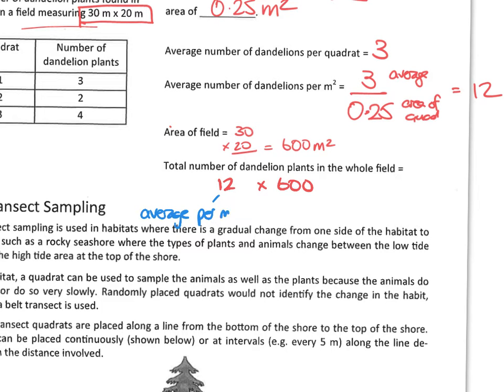Average per metre squared times by the total area. So 12 times 600 should work out at 7,200. So, average per square metre times by the total area, in this case 7,200, all right?